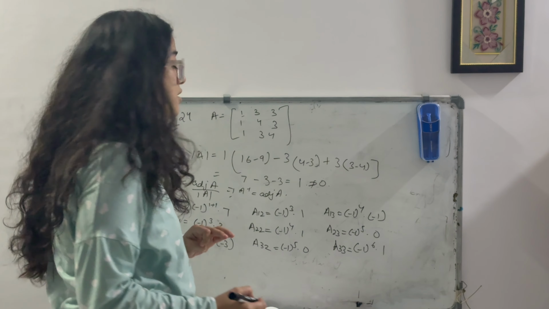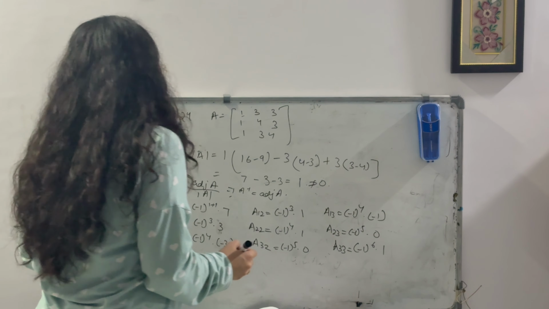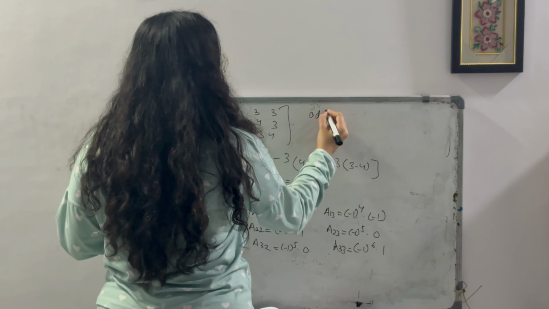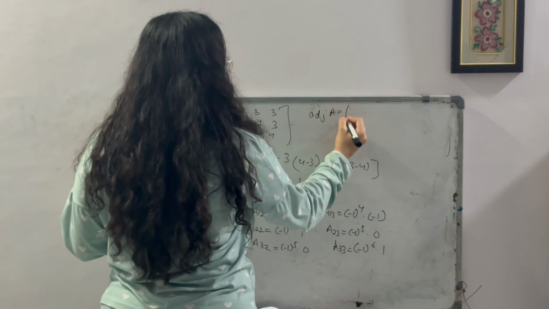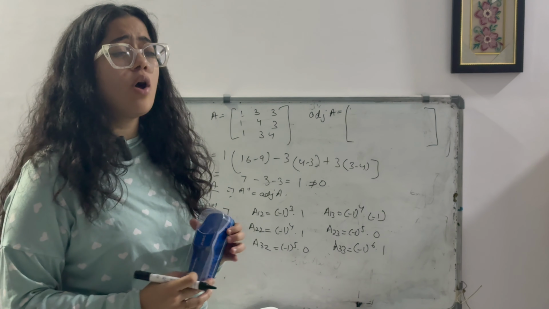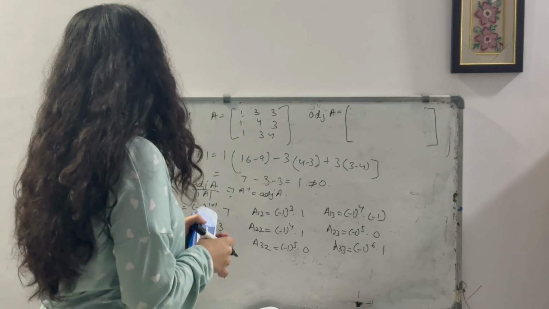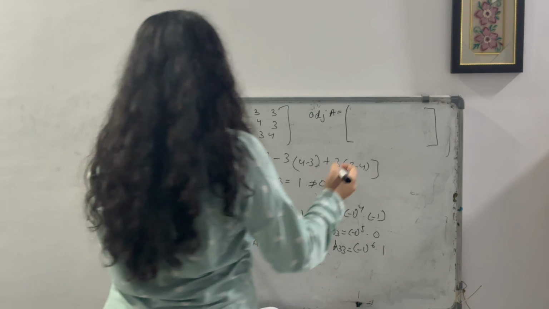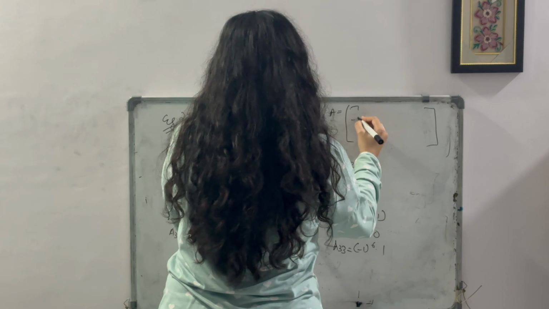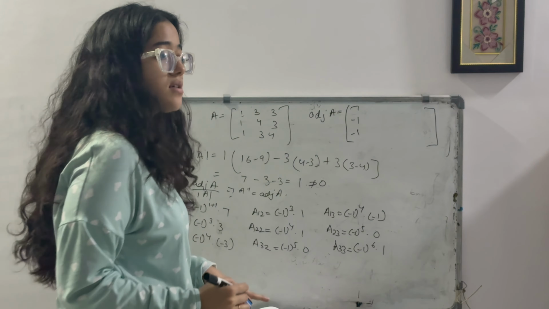Yes. So what is the resultant matrix? What does your adjoint of A look like? Rows will become columns. Yes. So this is what? 7, then minus 1, and then minus 1. Yes.